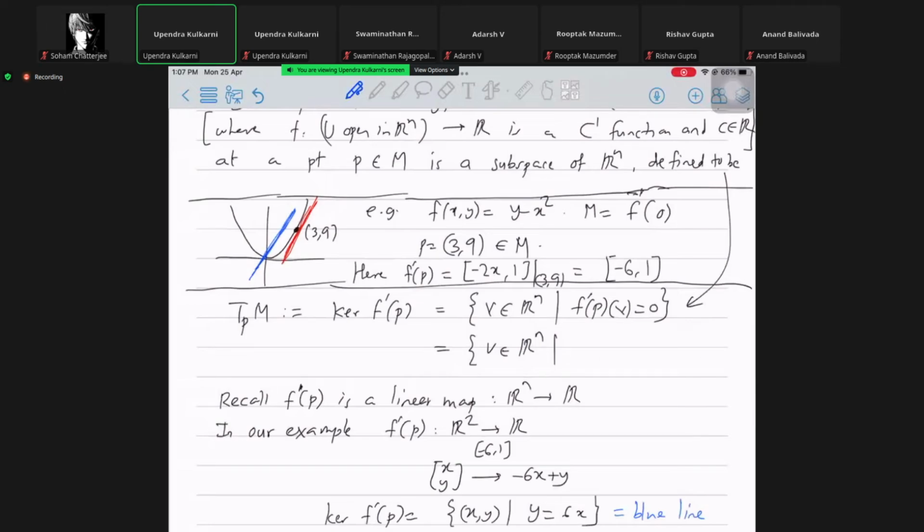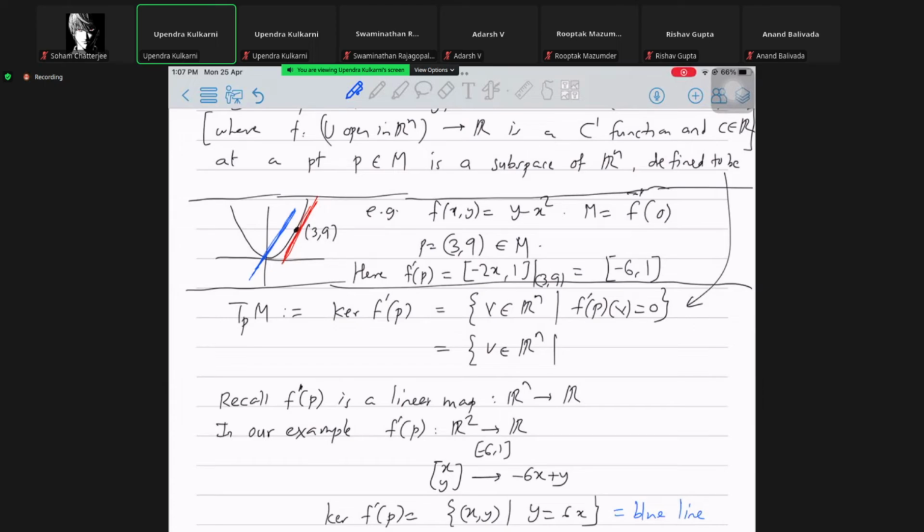The reason for this is absolutely clear, because when I take the kernel of a map between vector spaces, the answer is going to be a subspace of the original space. Of course, it will pass through the origin. So this is called the algebraic tangent space, to distinguish it from what we regard geometrically as the tangent space.